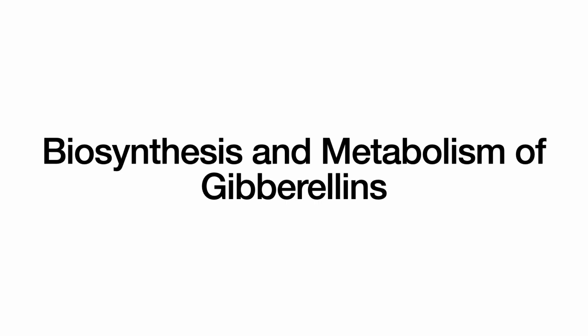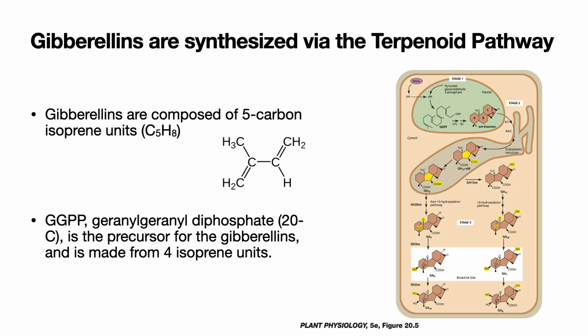Let's start with the control of gibberellin concentrations. First, we'll discuss the biosynthesis and metabolism of gibberellins. The gibberellin biosynthesis pathway is a complex process taking place in 3 different cellular compartments: the plastid, the endoplasmic reticulum, and the cytoplasm.